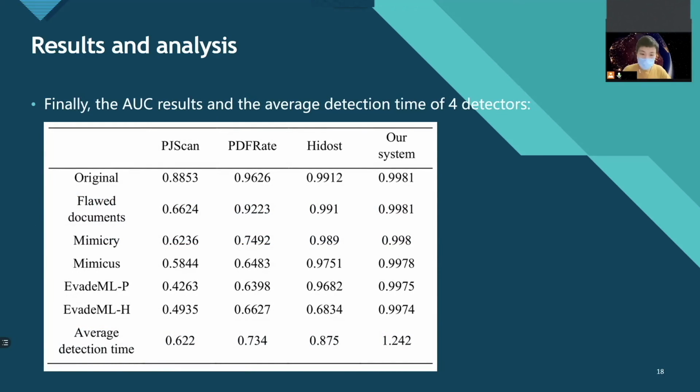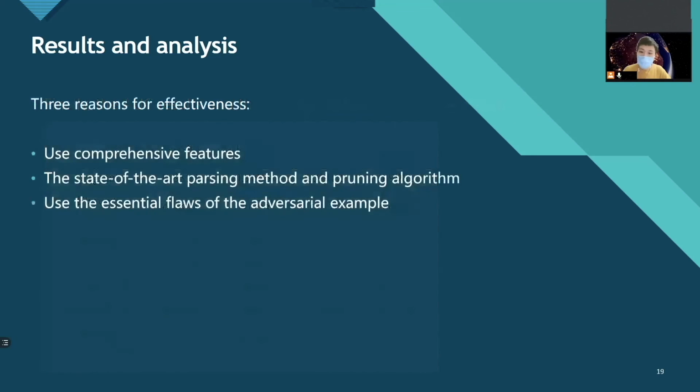This table records the results of the comparative experiment. Our system can effectively detect adversarial examples generated by flawed attacks. I think there are three main reasons. First, we used comprehensive features when training the model.